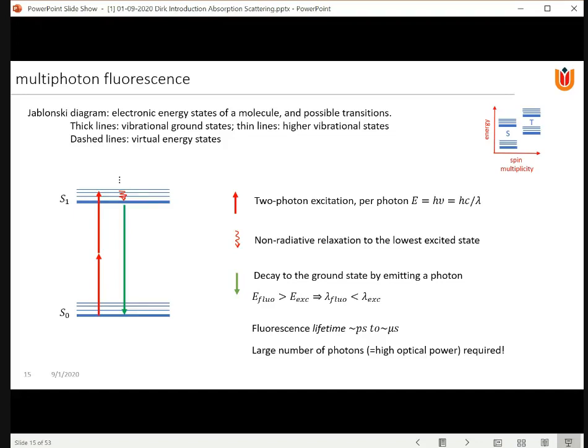The interesting thing, of course, now is that if you look at these two excitation photons individually, the idea is to have them interact with molecules at exactly the same time, so that they both transfer their energy, so that you can make this jump.